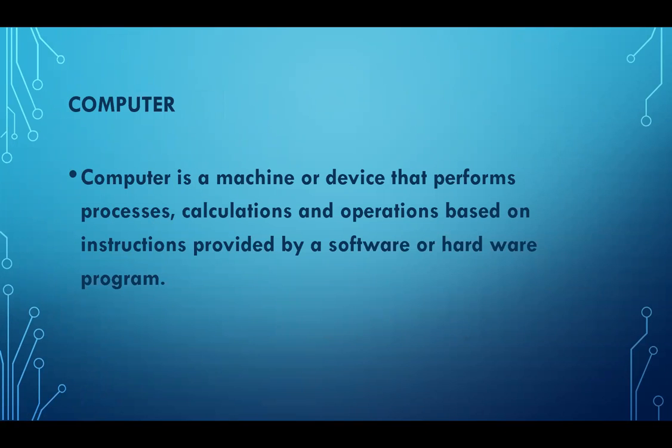In earlier grades, in grade 1, 2 or 3, you just knew a simple definition of computer, that computer is an electronic machine, or a smart machine. But now we see a brief definition: computer is a machine or device that performs processes, calculations and operations based on instructions provided by a software or a hardware program.